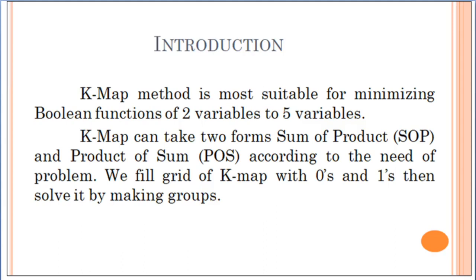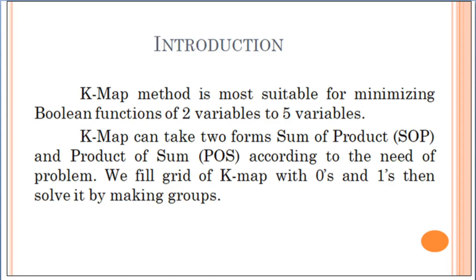K-map is a simple graphical method which consists of 2 to the power n cells for n variables. That means the adjacent cells differ only in a single position. As I told you, the K-map is used to minimize the Boolean functions which have 2 to 5 variables.